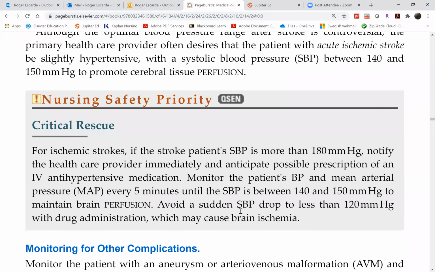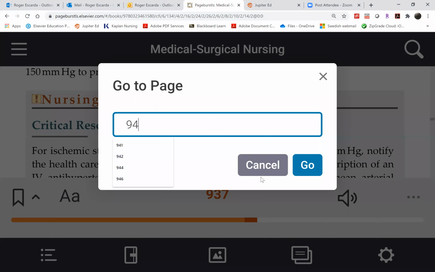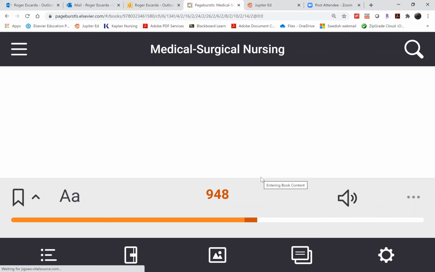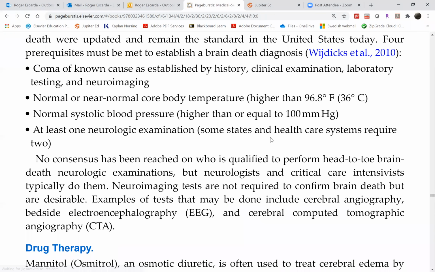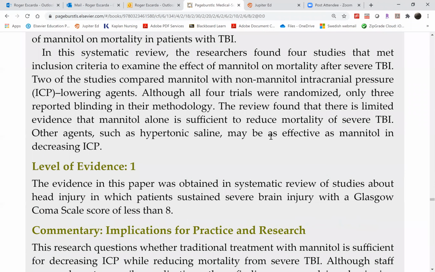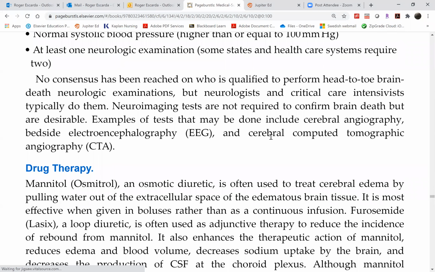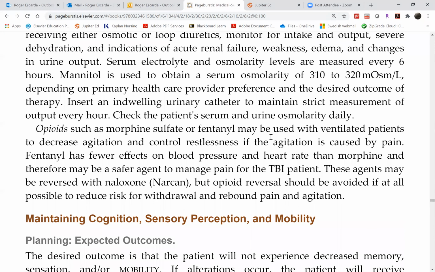All right, so let's go back to ICP. Now let's go to the surgical interventions. So if all else fails, no matter what we did, the best practices earlier, we gave mannitol, we did positioning, and we cannot lower the patient's ICP, then surgery will be necessary.